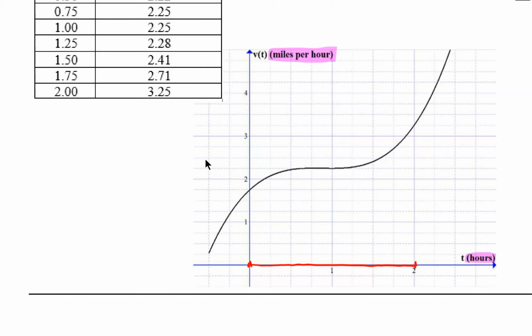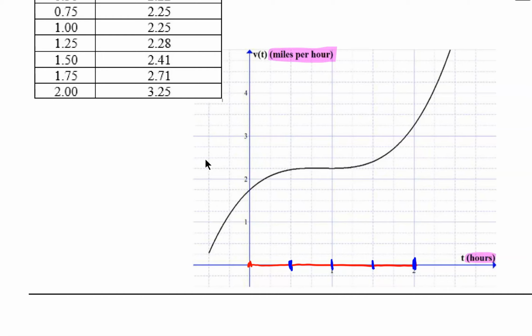Now, we were instructed to use intervals of 0.5 hours or a half an hour. So going along my horizontal axis, there's the first half hour, there's the second half hour, there's a third half hour, and there's a fourth half hour.